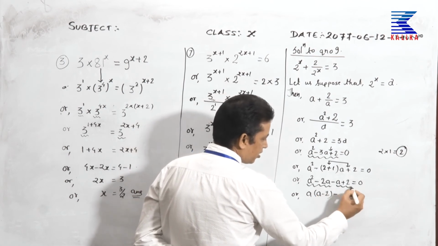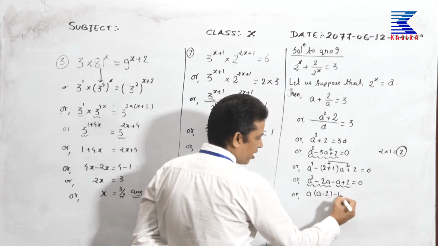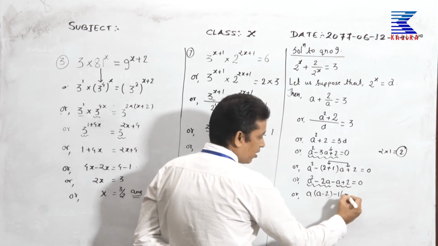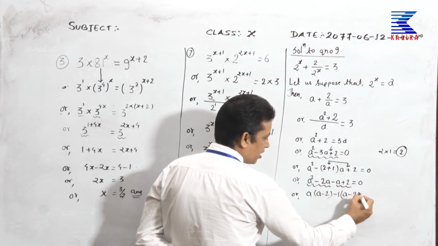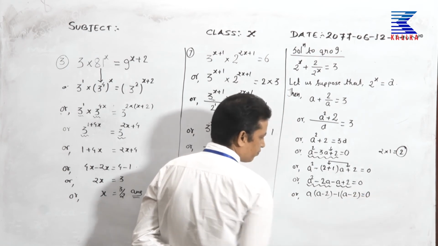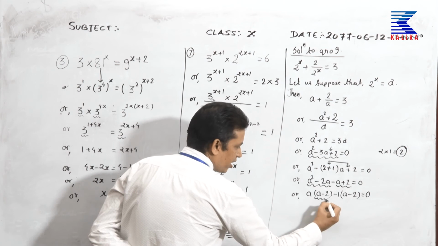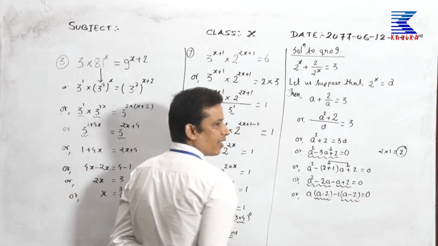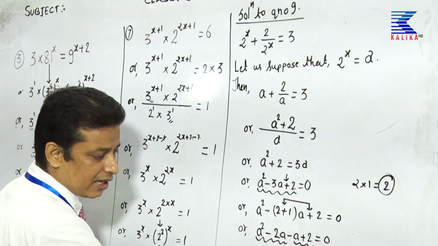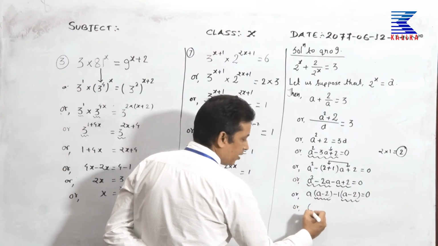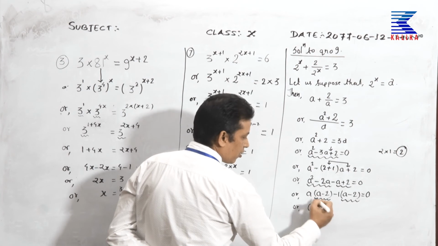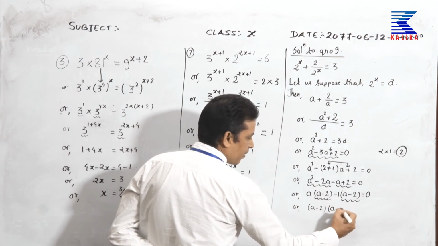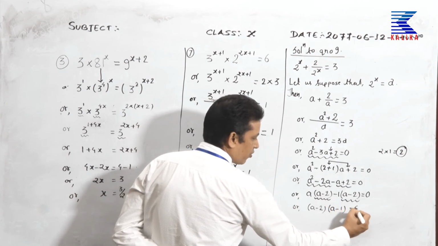Minus, here is nothing common, it means there is 1 as a common factor. a minus 2 is left, is equal to 0. This is what? a minus 2. This is what? a minus 2. Now, let us take a minus 2 common. What is left here? a minus 1. This is equal to 0.